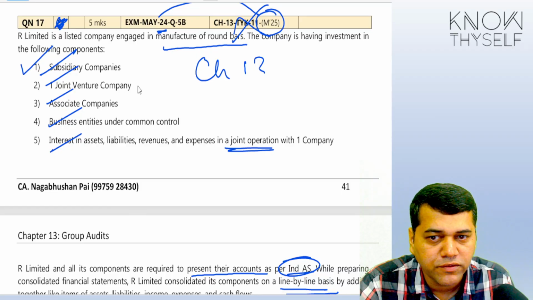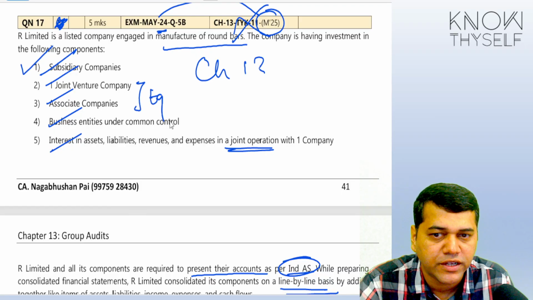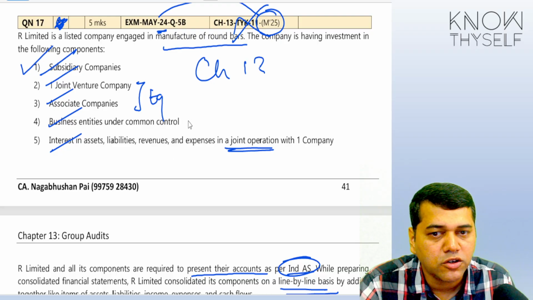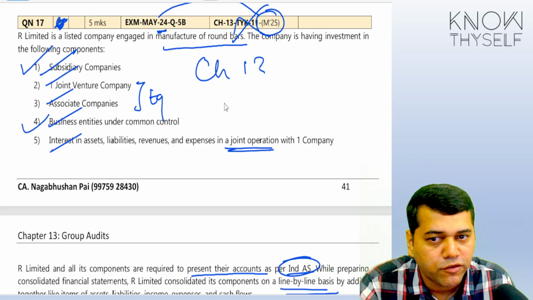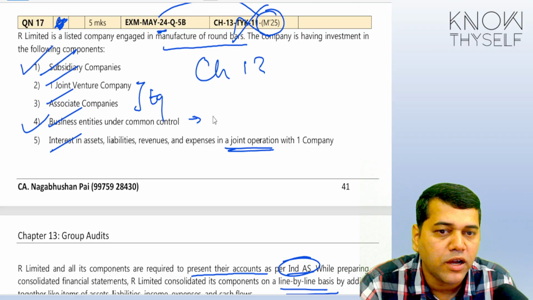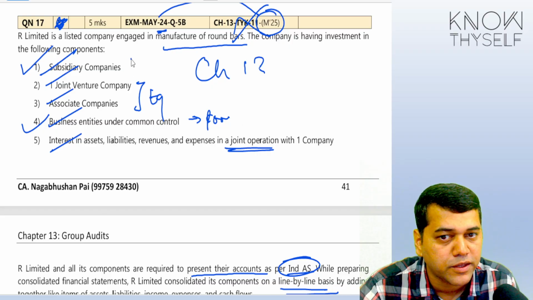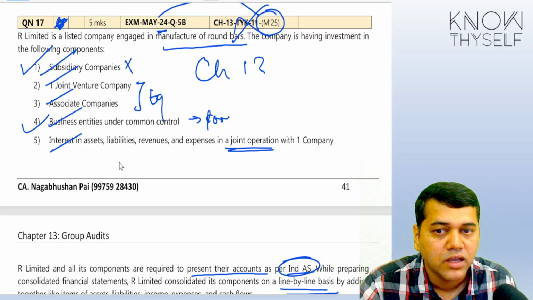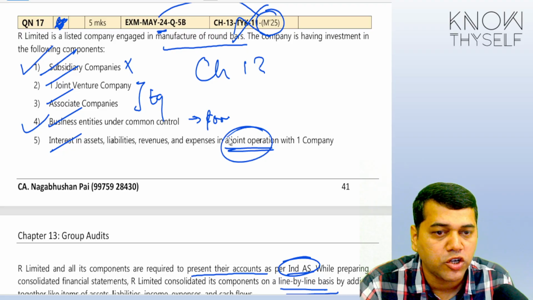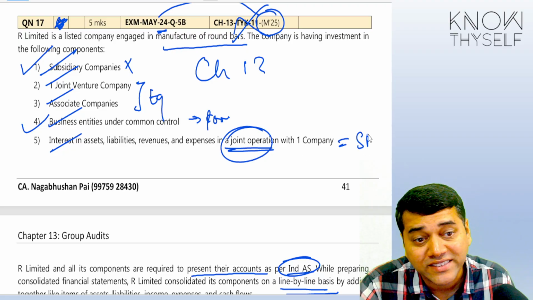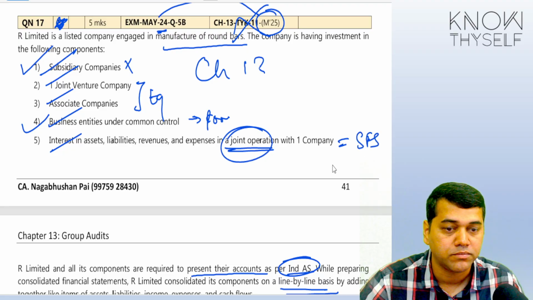For other joint ventures and associates, you have to follow the equity method. For business entities under common control, yes, line by line is okay for this also, but you need to have the pooling of interest method. That means reserves also you have to take. For subsidiaries, you should not take reserves. Interest in assets and liabilities of a joint operation, you need to consolidate at the SFS level, and from SFS it should come.